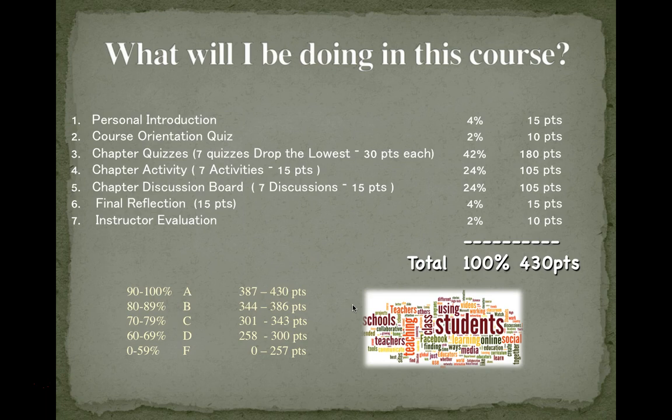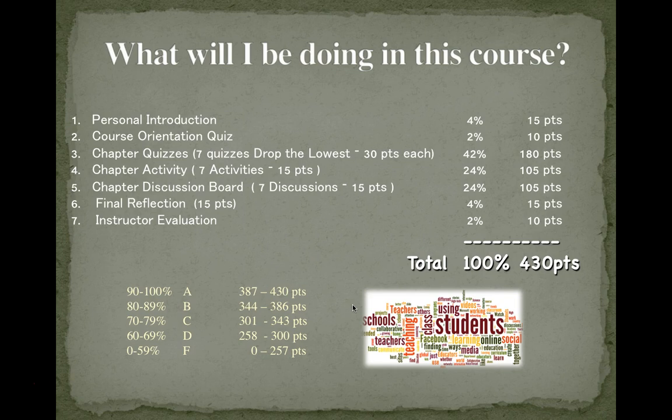Your course grades will be composed of a total of 430 points. The very first thing you get credit for is doing your personal introduction. Then you'll also take an orientation quiz after you read the syllabus and watch this video. You should be able to easily pass that one as far as the course requirements, but I want to check for understanding that you're ready to go for the course and what it entails.